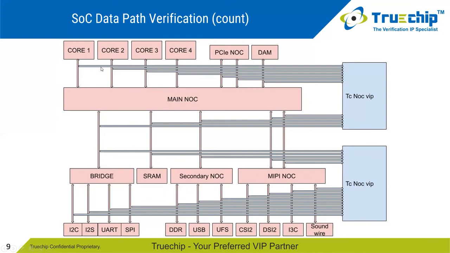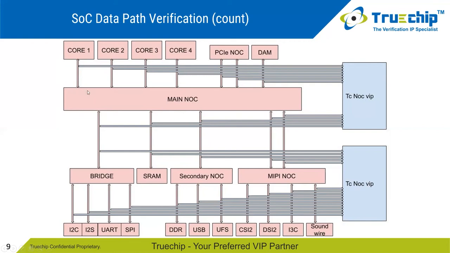So at each and every level you will come to know whether the data integrity has matched or not. Like core 1 has sent a transfer to the main NoC and the main NoC has sent a transfer to the secondary NoC, so you can see whether the data matched properly between the core 1 interface and the secondary NoC interface.